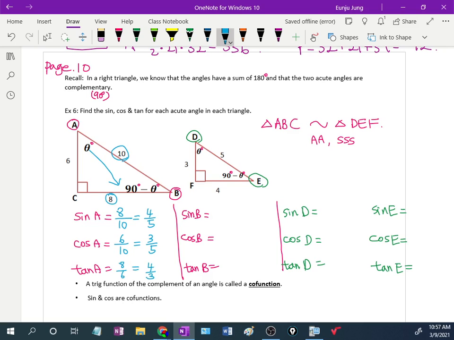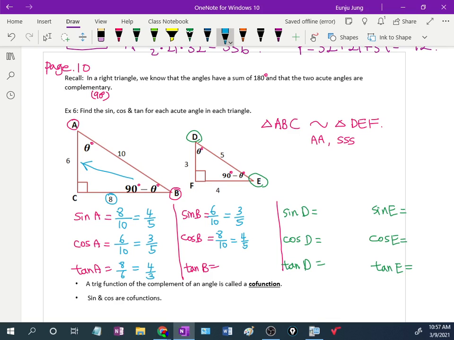Right? Okay, now let's change the angle. We are now looking at theta from angle A. Let's look at 90 degrees subtract theta degrees. That is the complementary angle to angle A. So we are using angle B. The side opposite angle B is 6, so this will be 6/10, which is 3/5. The third number we didn't use is 8, so I need to do 8 divided by 10, which is 4/5.